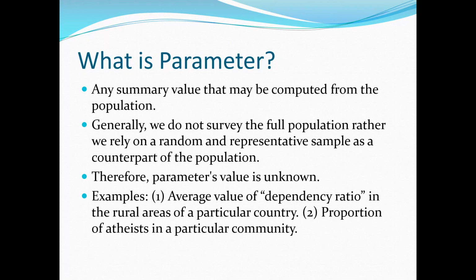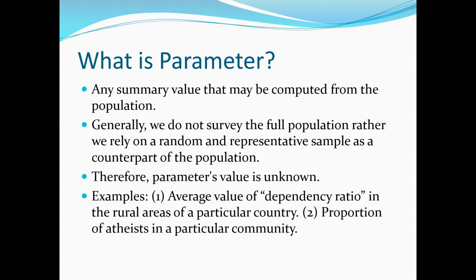But generally we know that we do not survey the full population, rather we rely on a random and representative sample. There are a variety of factors behind the fact that we rely on a sample. Some of the factors are that we do not have enough time or budget to do a full population census. So we rely on a random sample to infer results about the population.